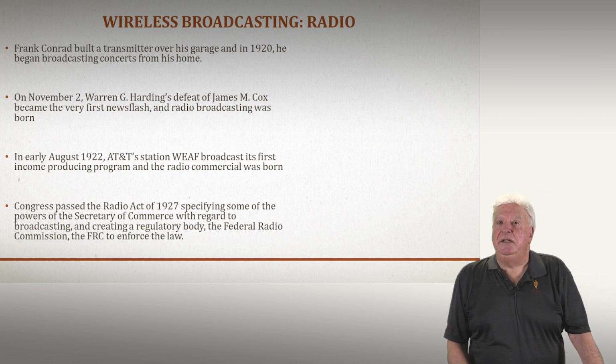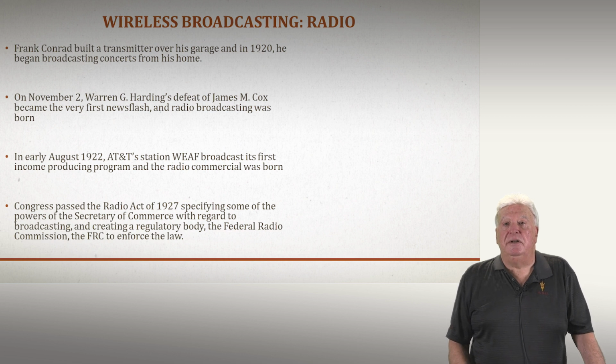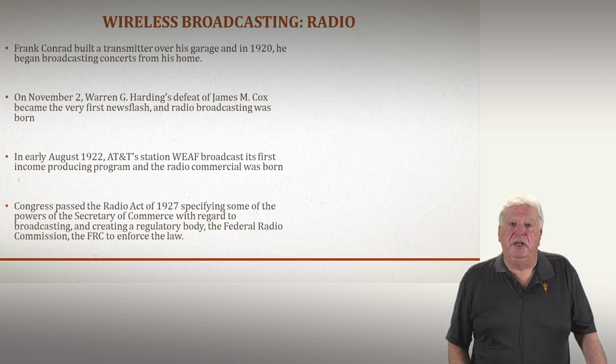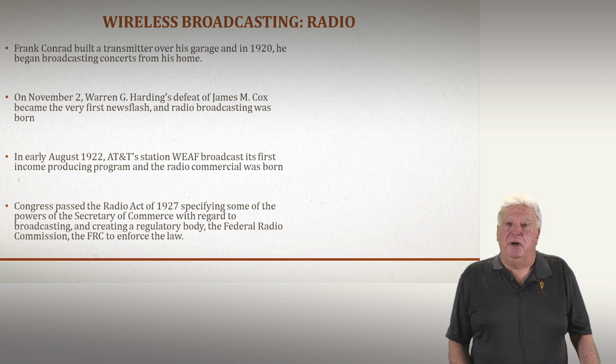In January 1926, spurred by internal fighting by the RCA consortium over who would control the radio market and possible antitrust legislation appearing, the first media network, the National Broadcasting Company, or NBC, was born.